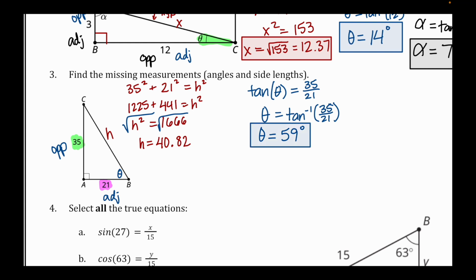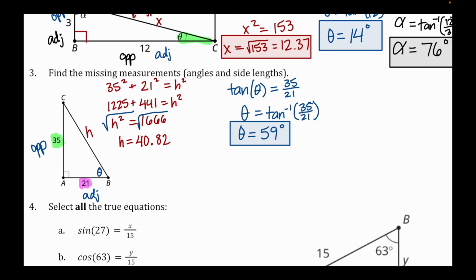Now, we also need to find the other missing angle, which means we can do this with 90 minus 59. So if I said that beta, because I can write beta better than I can write alpha, beta is going to be equal to 90 minus theta.